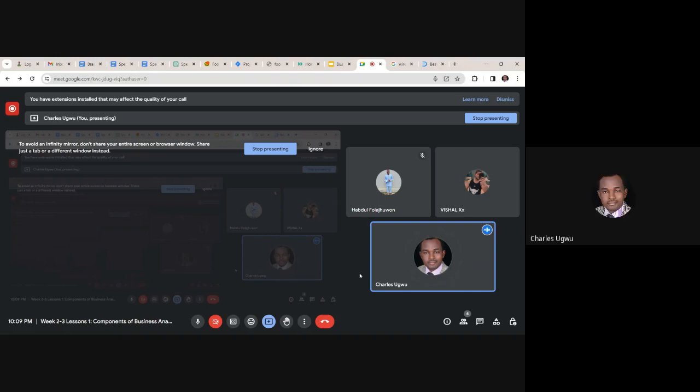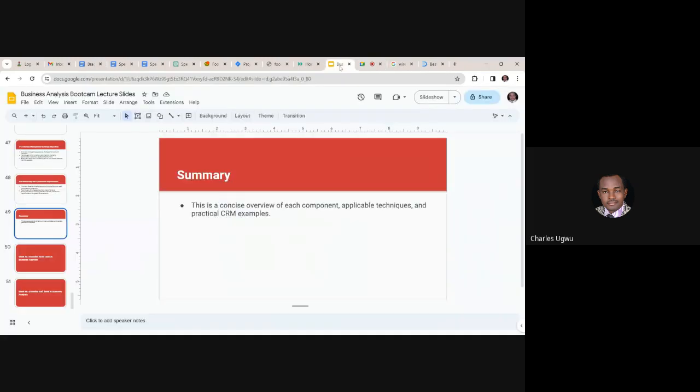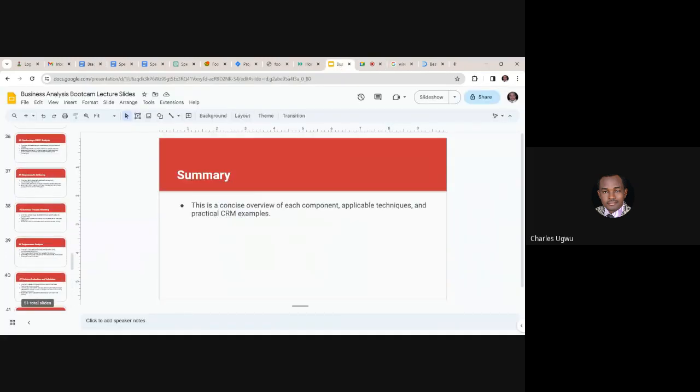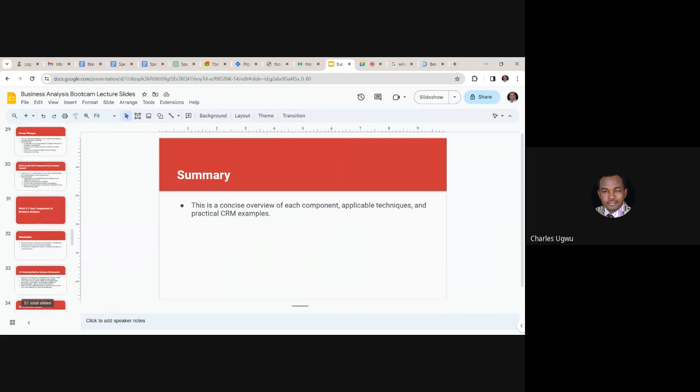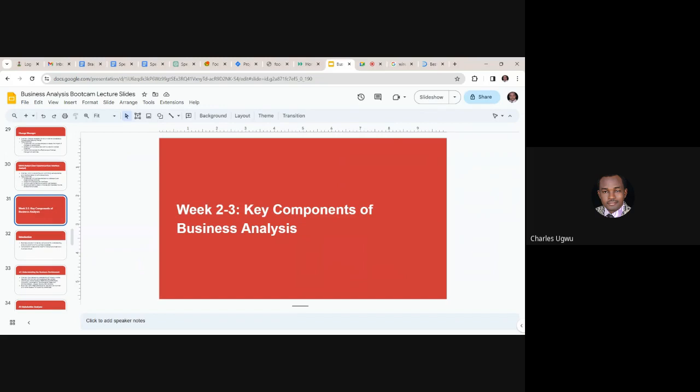So very soon, this particular component of business analysis, as you can see, is meant to take two to three weeks. But I've managed to compress it and finish it today, meaning that we're at a very high speed.